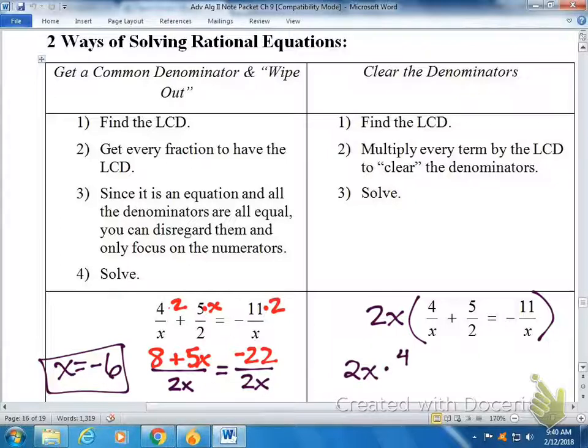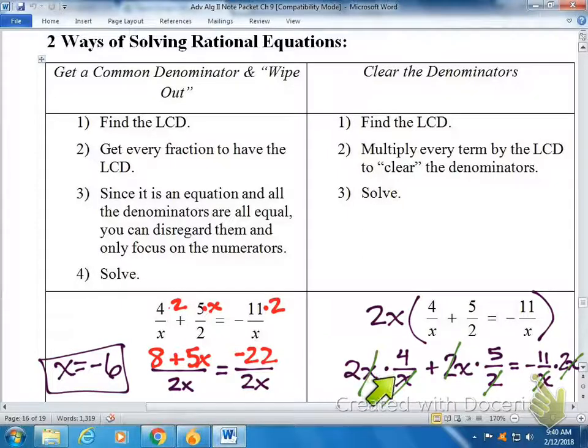If we take 2x times 4 over x, you're going to see that the x's cancel. And if you multiply through by 2x with the second fraction, the 2's will cancel. And if you multiply through on the last fraction, the x's cancel also.